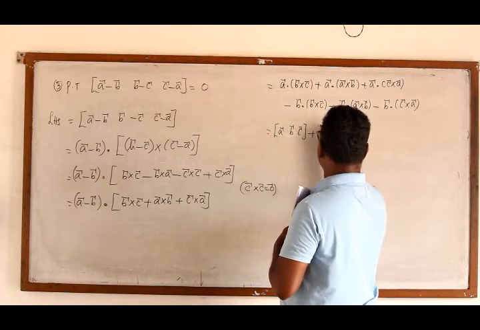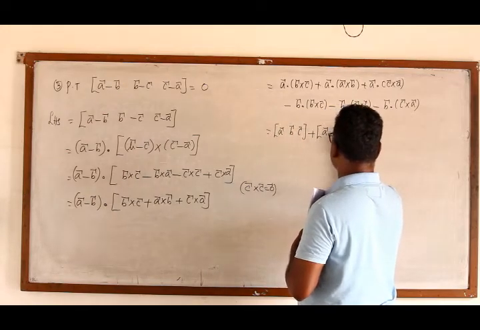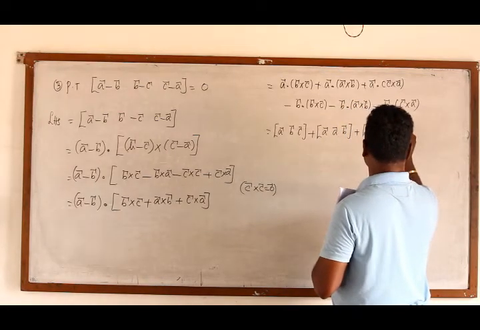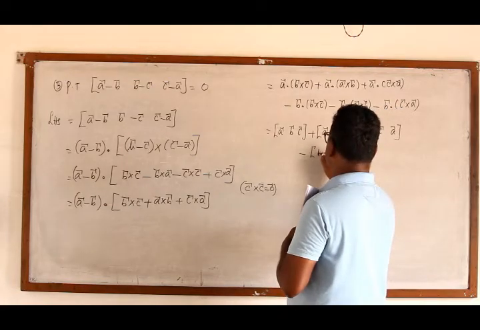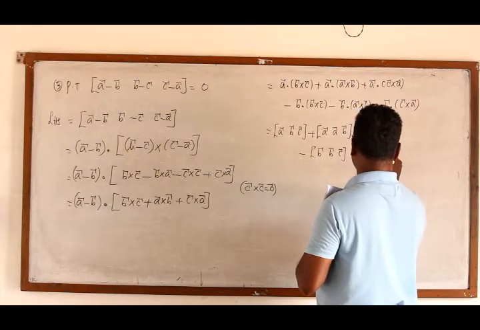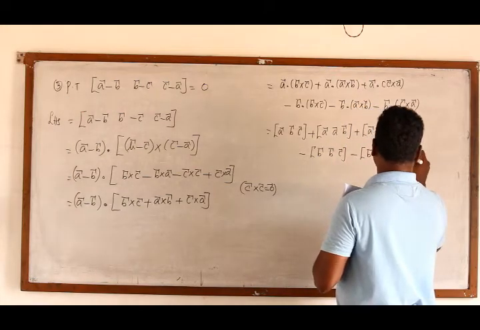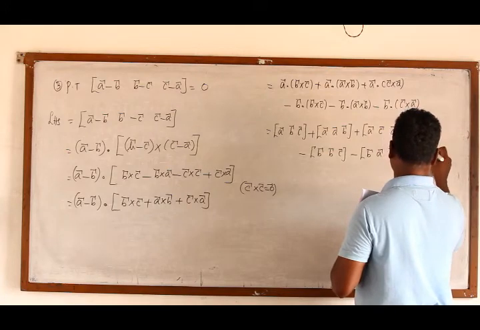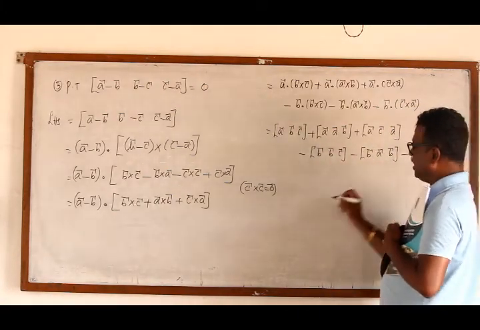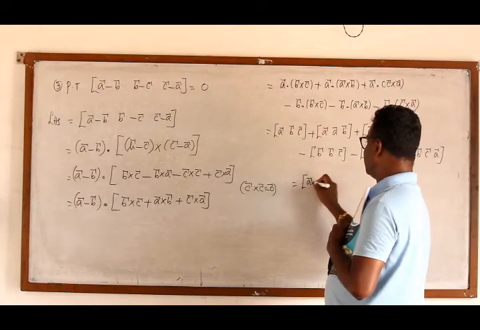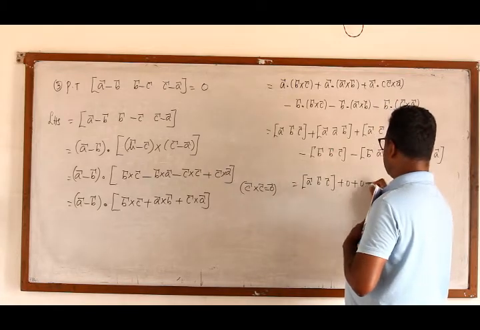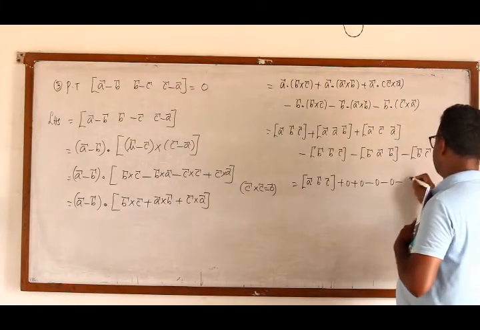[A B C] plus [A A B] plus [A C A] minus [B B C] minus [B A B] minus [B C A]. In these box products, vectors are repeating, so those box products vanish and become 0. So 0 plus 0 minus 0 minus 0.